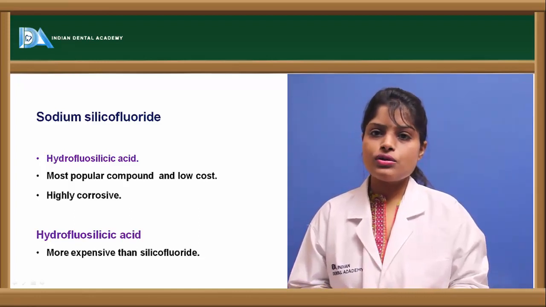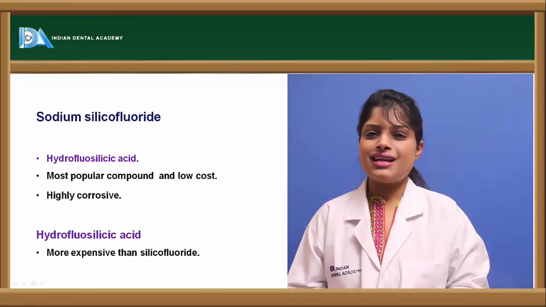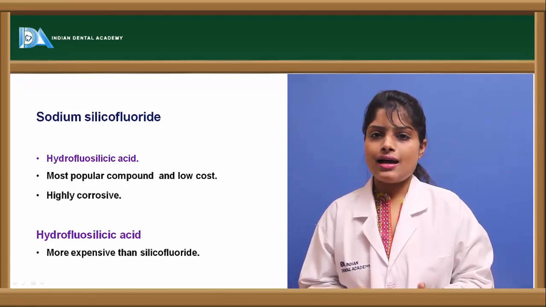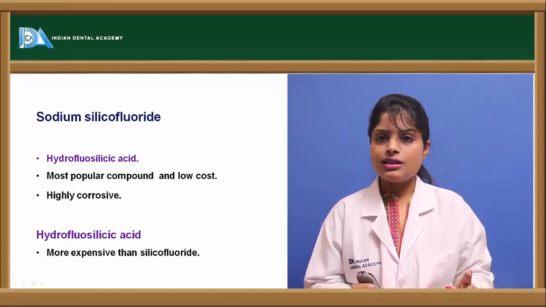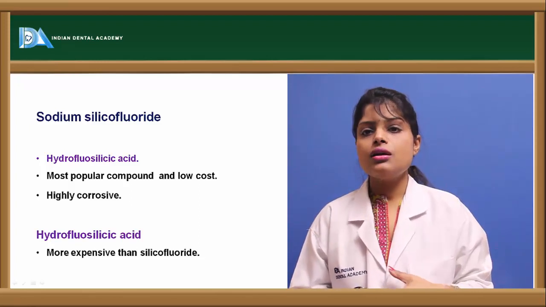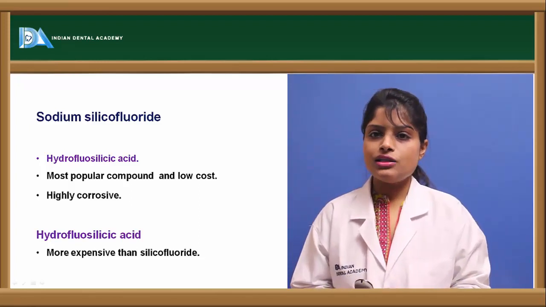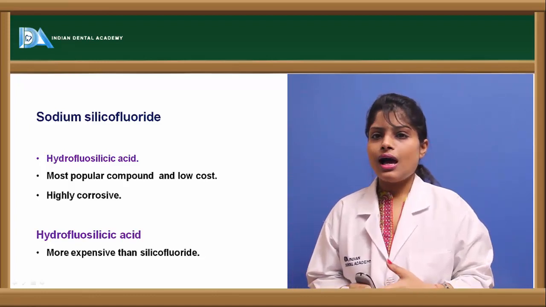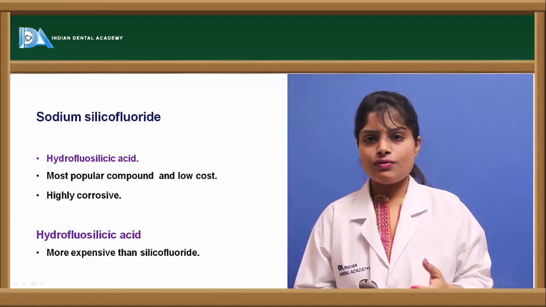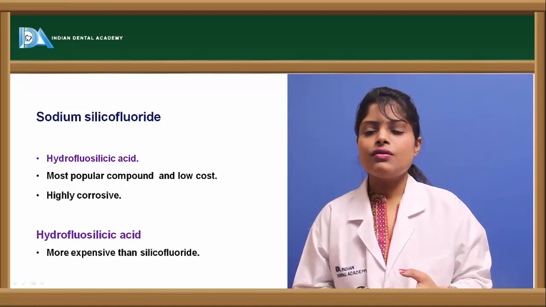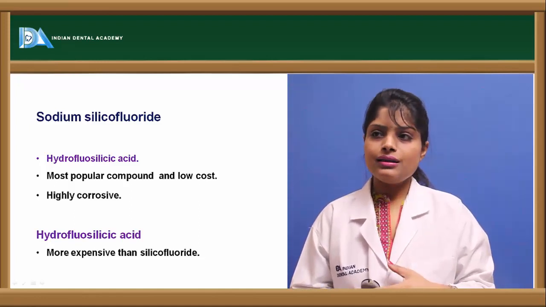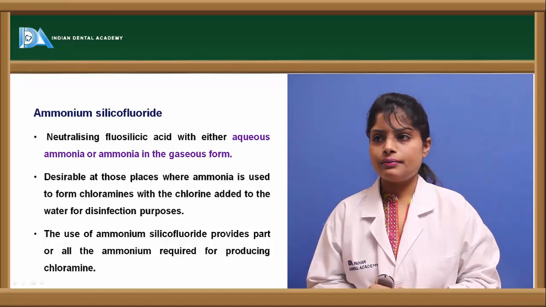It is used in various fluoridation techniques, and it has a low cost, but the disadvantage is that it is highly corrosive because of the acid content, and the pH is very low. The hydrofluorosilicic acid is one of the most expensive compounds compared to sodium silicofluoride.